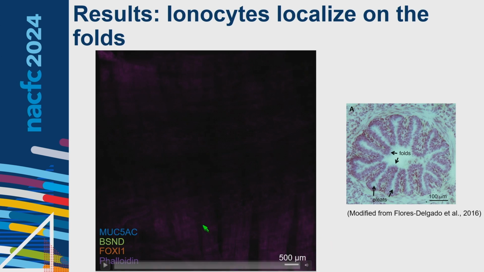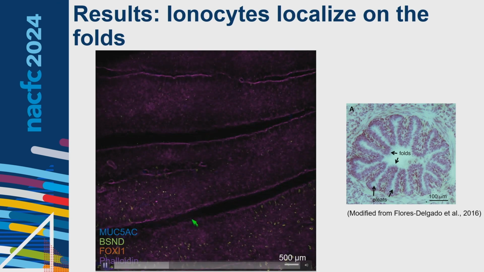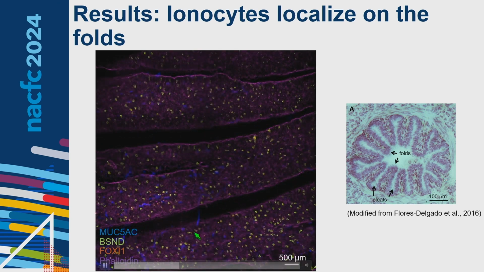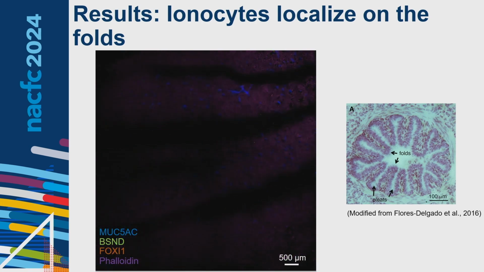This is the Z-stack we got. We move from the pleats of the distal airway to the folds of the distal airway. As you can see, when the focus plane of the confocal microscope scans the distal airway, the ionocytes show up at the folds of the distal airway of native swine tissue.